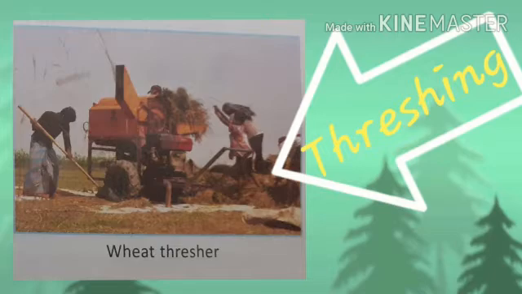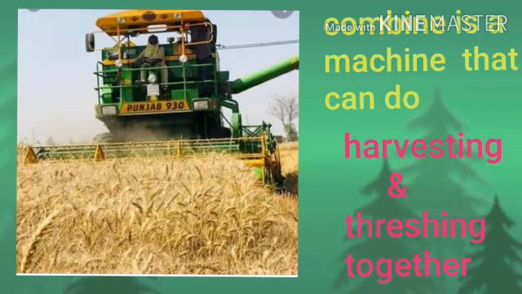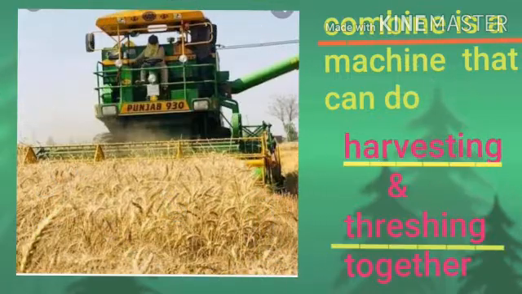Now dear student, this thresher is replaced by a machine called combine. What is combine? Combine is a machine which is able to do both the processes, harvesting and threshing together. But do you know what is harvesting? Harvesting is the cutting and gathering.